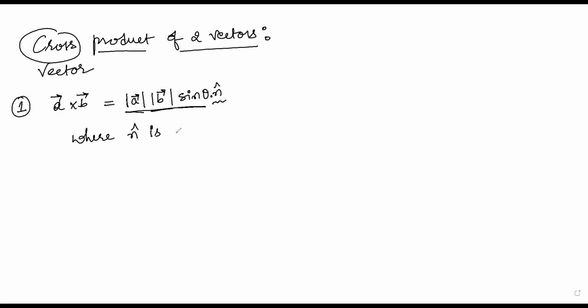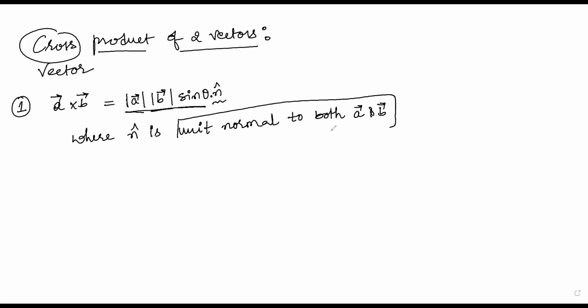Where n cap is a unit vector, or unit normal, normal to both A and B. Unit normal means what? Perpendicular.